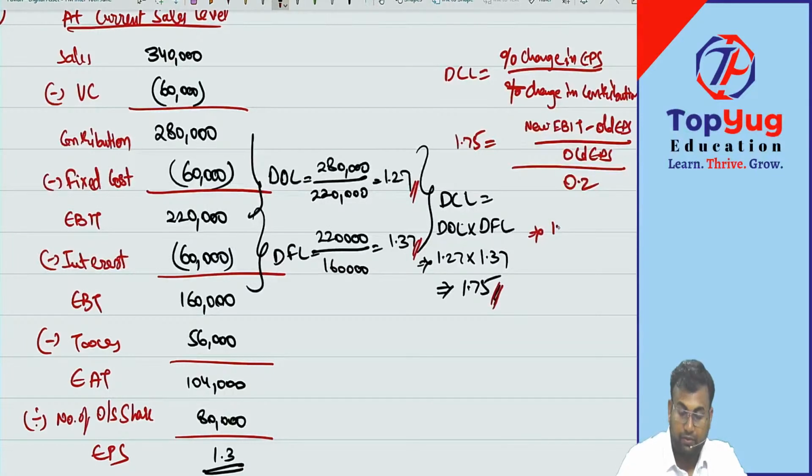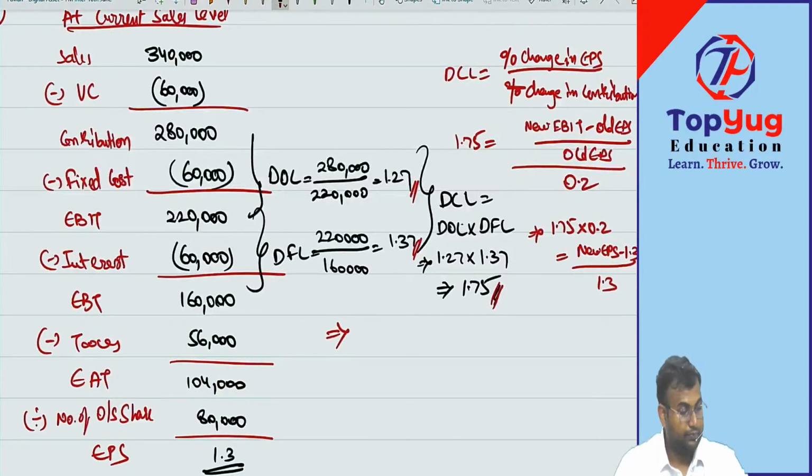So 1.75 into 0.2 is equal to new EPS minus 1.3 divided by 1.3. So 0.35 into 1.3 is 0.455.